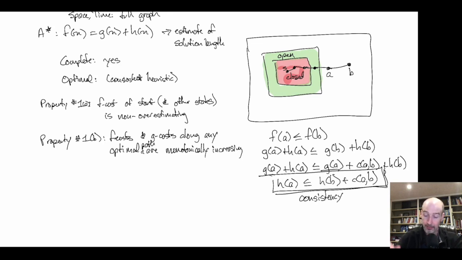So they may stay the same and they may go up, but they're never going to go down. So if we start with a non-overestimating cost, and then the costs are going to increase and never go down from there, then we know in general the F costs are never going to be overestimating.